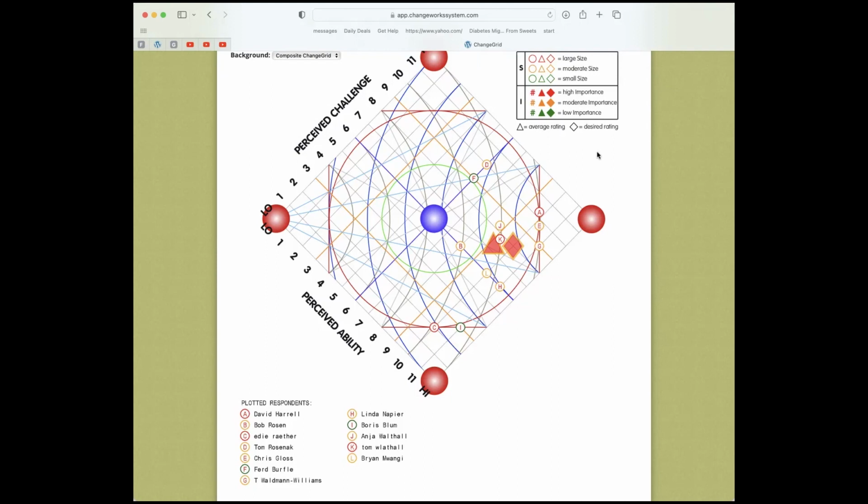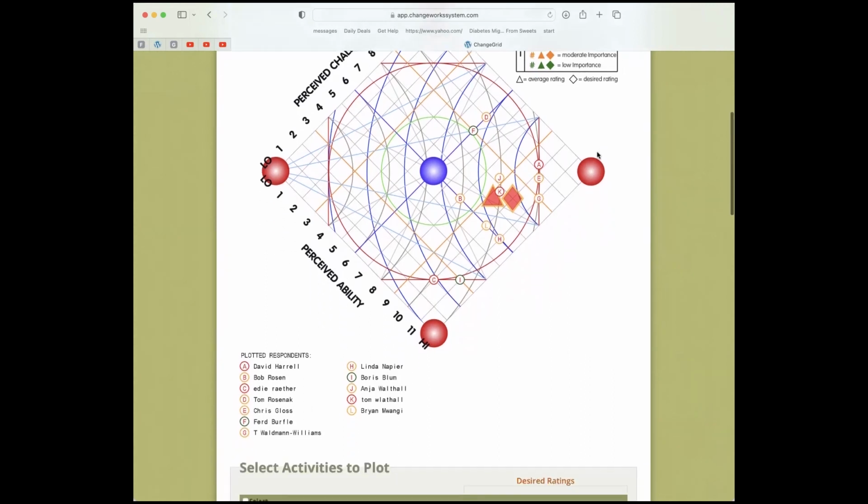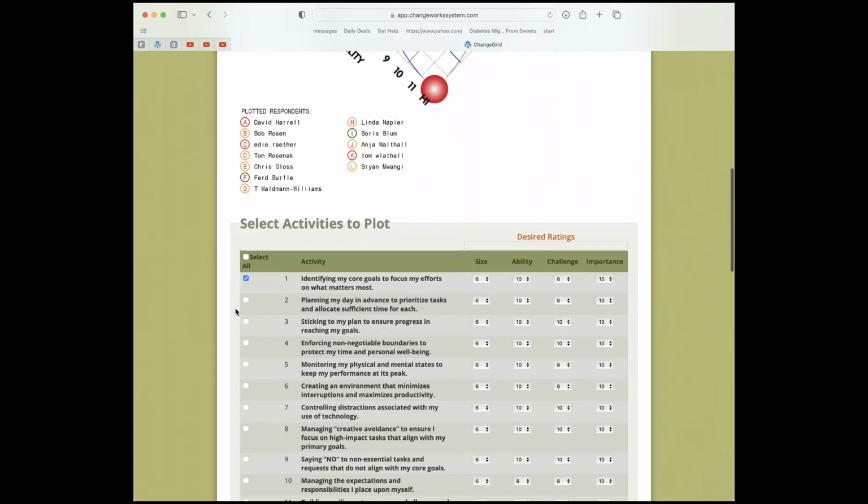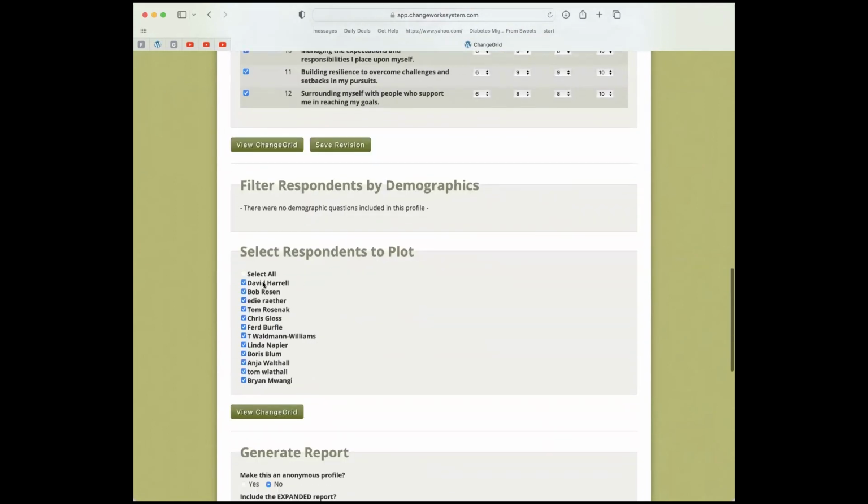But we can also look at the individual grid, or the respondent grid, and see how that individual is responding to all of the activities. You can't look at everybody in all activities all at once. You can if you're running the report to print it out, but it just becomes a visual, garbled mess if you try to do all these things at once.